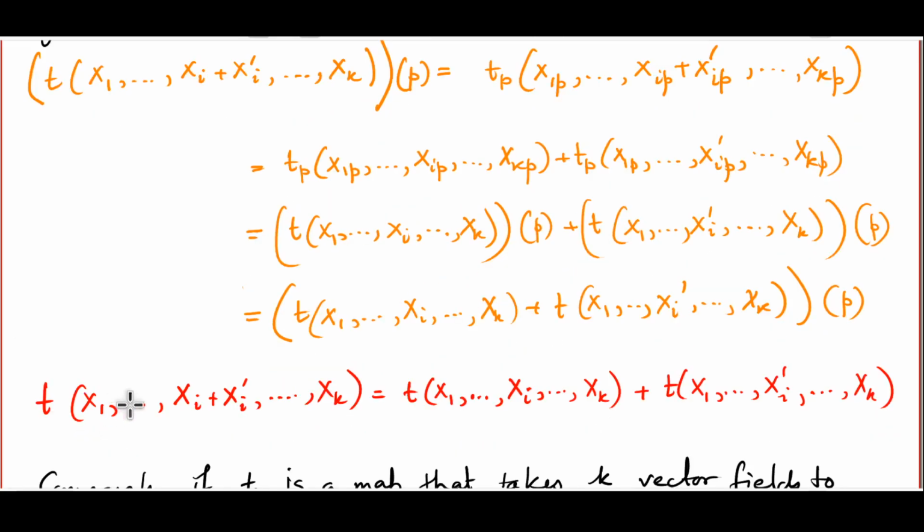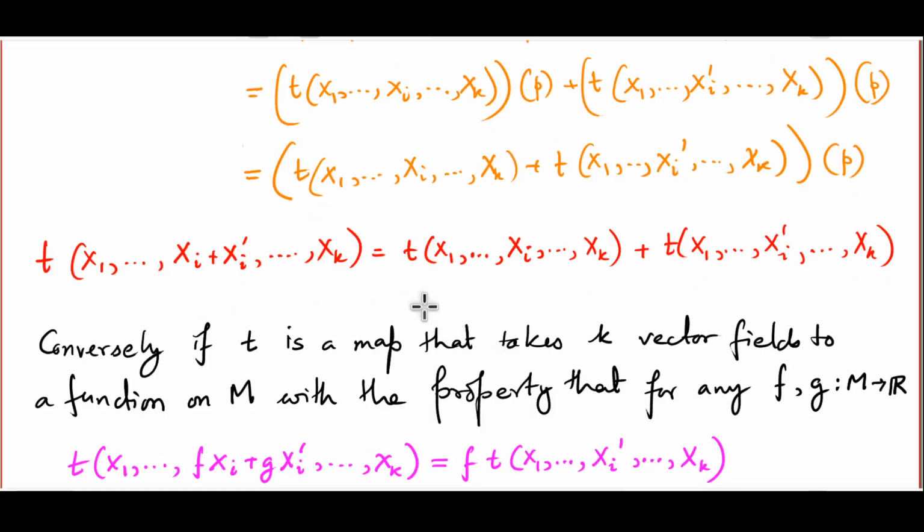So the upshot is, if you replace any argument by the sum of two vector fields, you get the corresponding sum of the resulting functions. This is what you mean when you say that a tensor field is a C infinity multilinear operation: if you replace any of its arguments by a linear combination, and here the linear combination could be with functions and not just numbers, what you are going to get as a result is the same linear combination of the individual results.